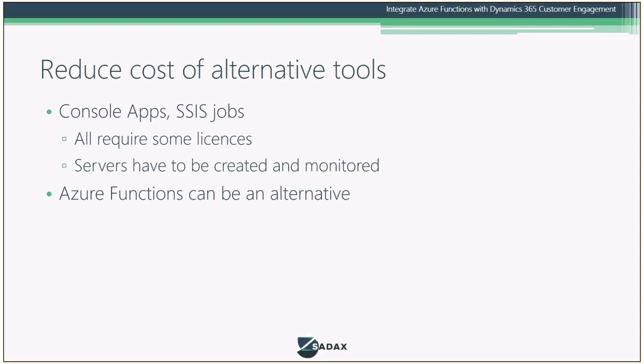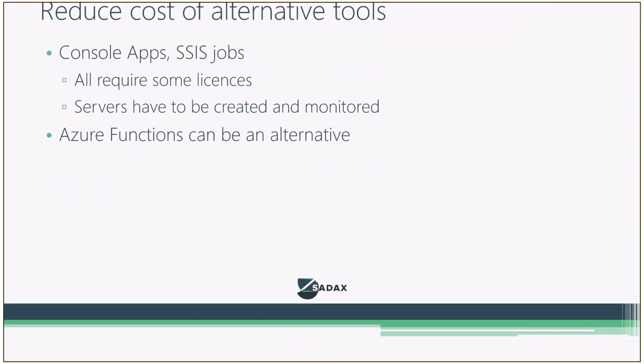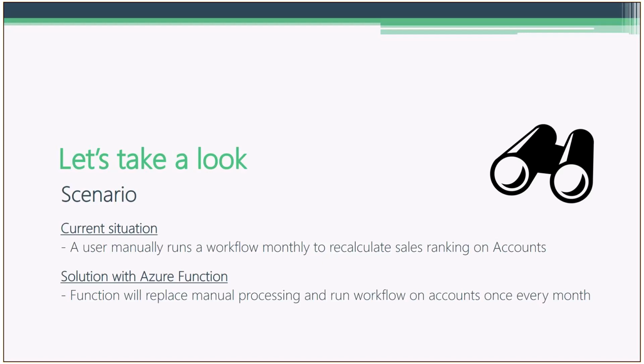So with that, now let's go and take a look, right? And we'll use a specific scenario here to demonstrate it. The scenario is that today, the current situation is we have a user that is tasked to run monthly a workflow that recalculates the sales rankings on accounts in CRM organizations.